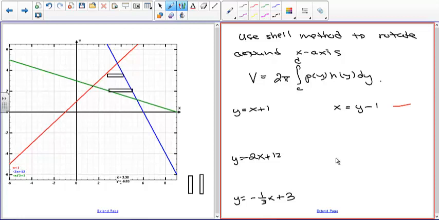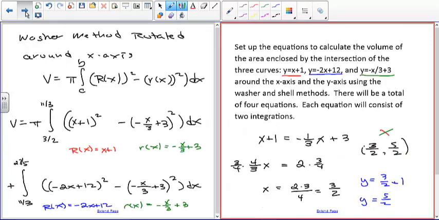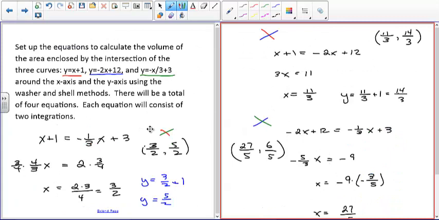And while you're doing that, I'm going to grab the limits here so I know what they are, so I don't have to keep jumping around. Okay, 5/2, 6/5, 5/2.